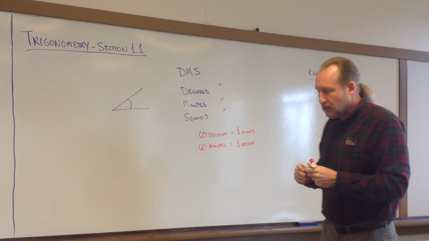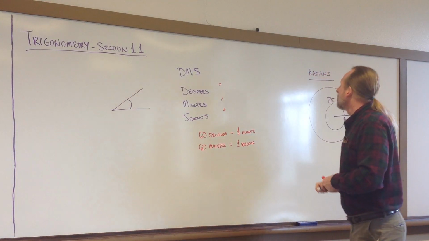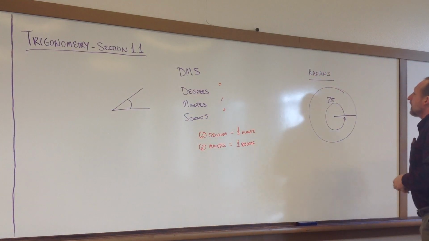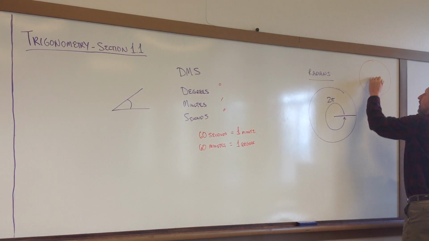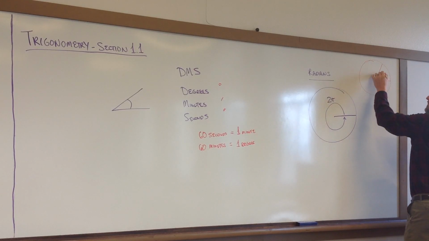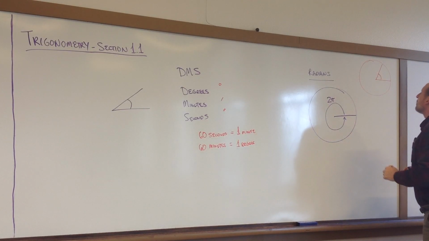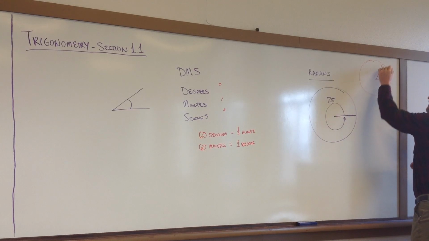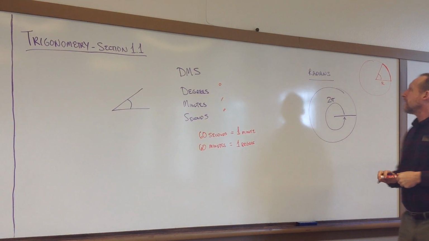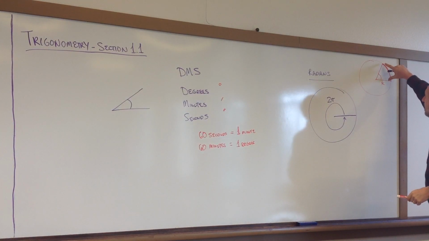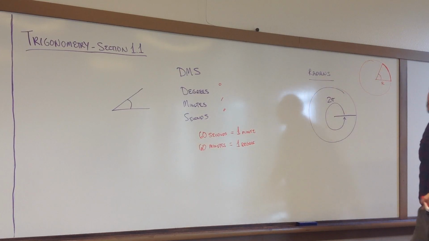So in the textbook I talked a little bit more about the formal definition of radians: the number of radians in an angle is defined by the length of the arc of the circle that is outlined by the angle, the ratio of that length to the radius.